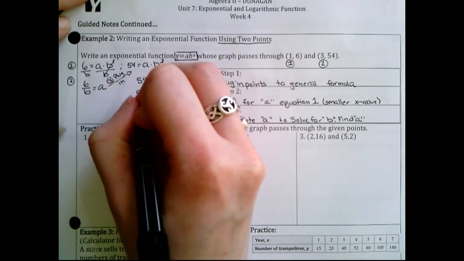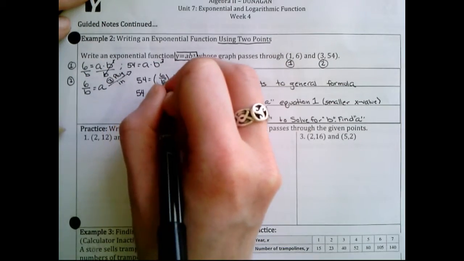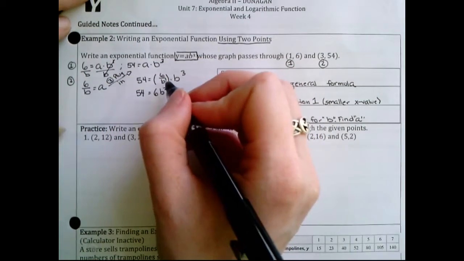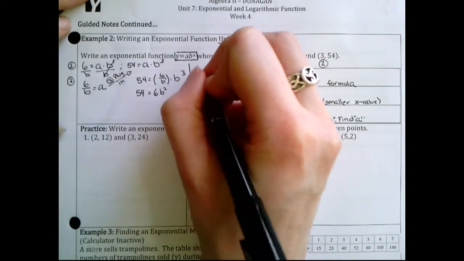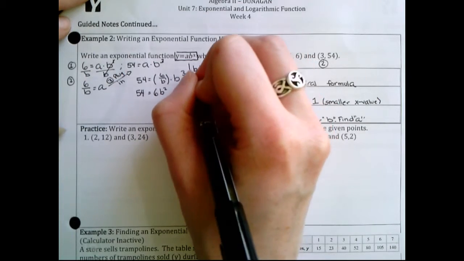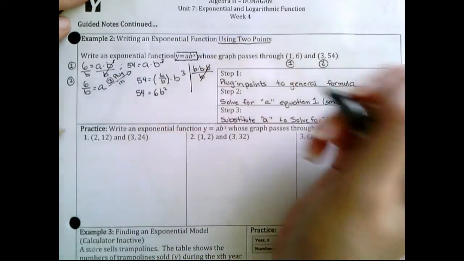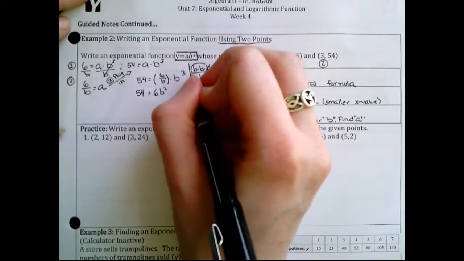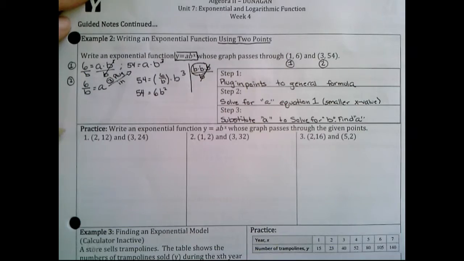Our rule says we subtract our exponents, so we'll have 6b squared, because there's technically a 1 here. 3 minus 1 is 2. If you're still a little rusty on your rules, the reason that works out is because, remember, b cubed is b times b times b divided by 1b. Well, these are canceling, leaving a b times b behind, or that b squared that I wrote over here.